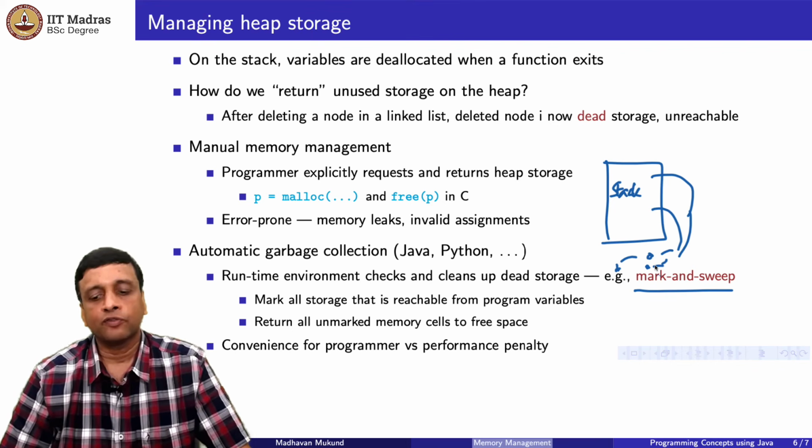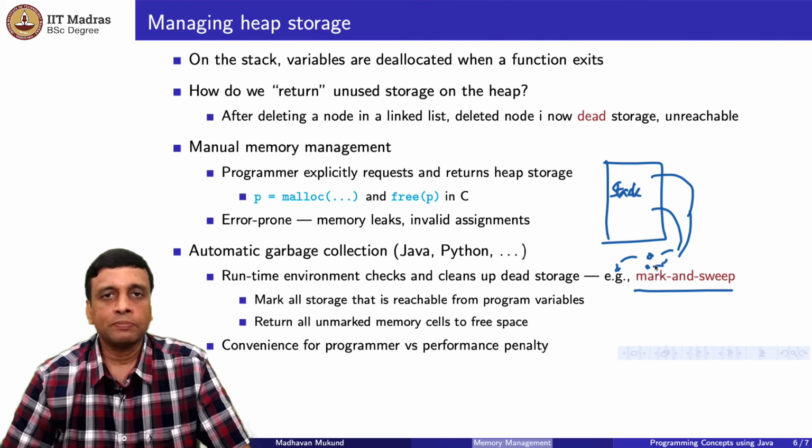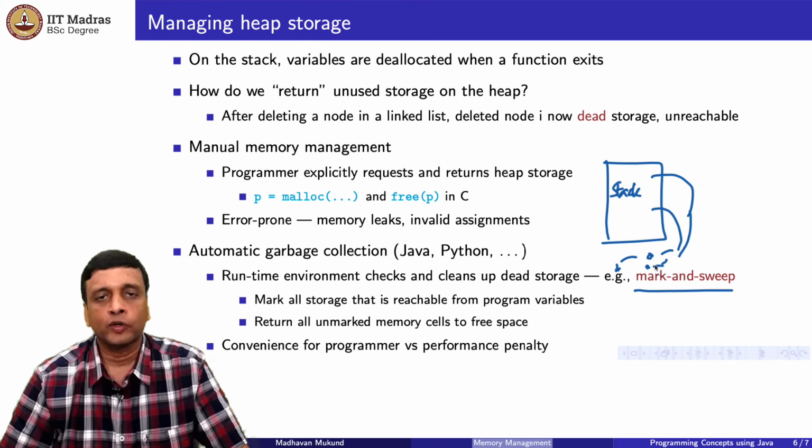Now the problem with this, of course, is that this has to be done periodically while you are running the program. So this garbage collector will run alongside your actual code. This means that when you are running Java or Python code, there could be unexpected slowdowns because your code has to be suspended. It is not very reliable to be running your code and doing garbage collection at the same time, because there could be some contention.